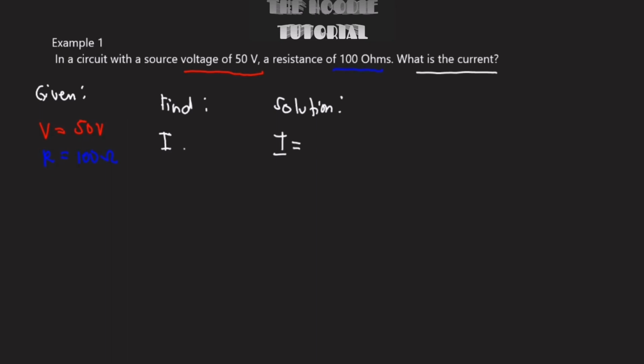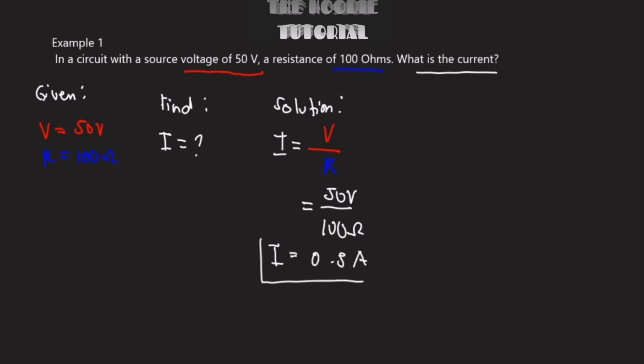Let's put the value of voltage we have here, 50 volts, and the resistance, which is 100 ohms. That means that we are going to have a current of 0.5 ampere. So this is the answer for example number 1.